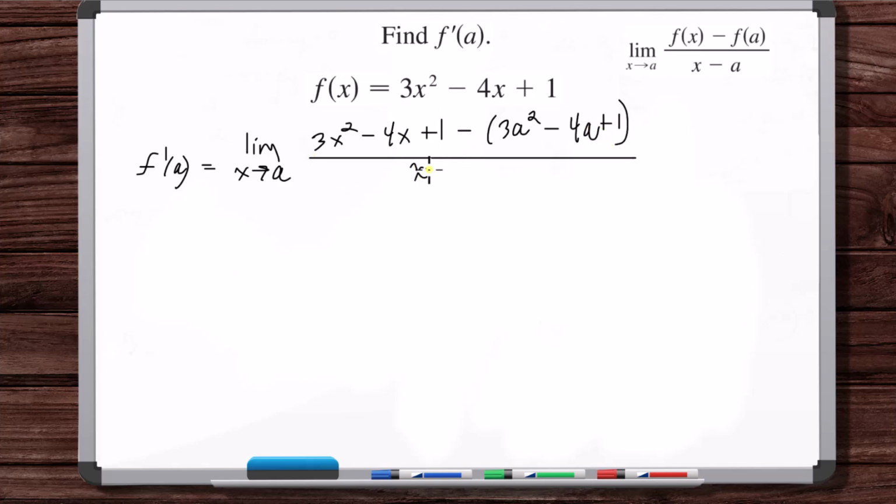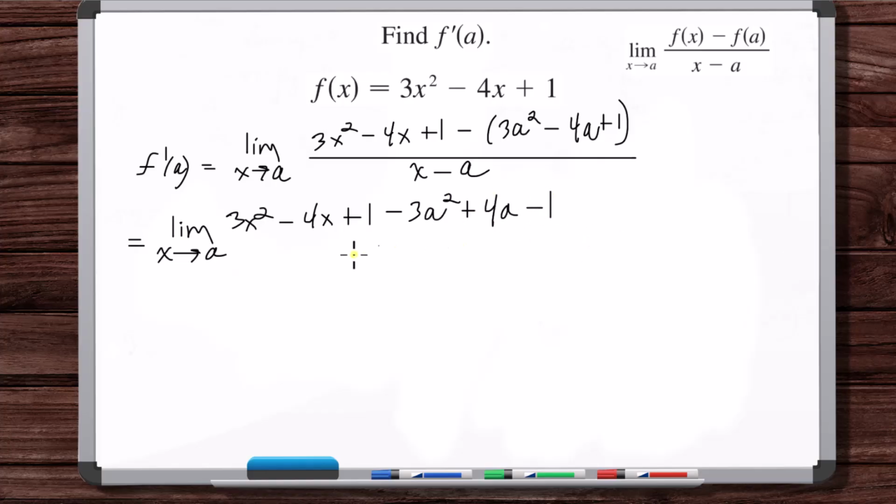And then all over x minus a. So you've got 3x squared minus 4x plus 1 minus 3a squared plus 4a minus 1 all over x minus a.